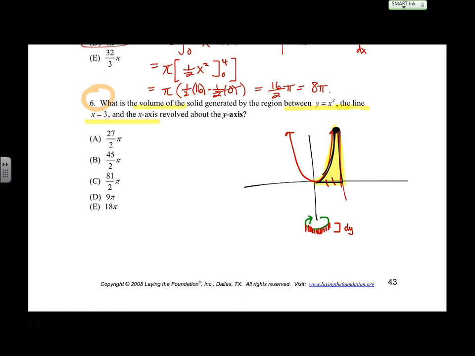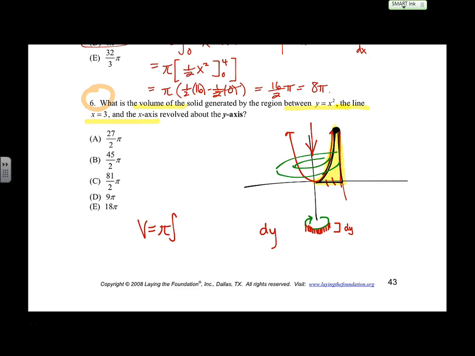So V is equal to, now we know we have a pi and we know we have a dy. And an integral. That's important. Question: for this region, spinning around, is that a disc or a washer? Washer. Because as it spins, do you see the hollow inside?